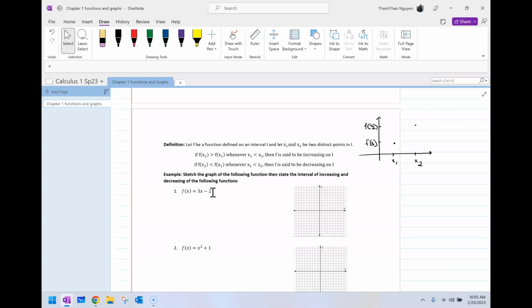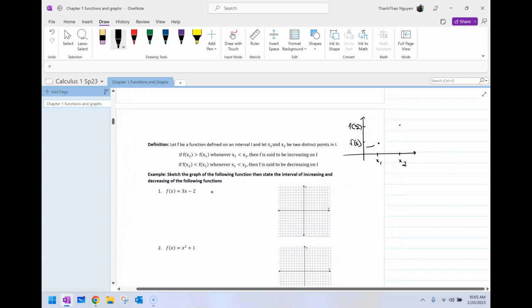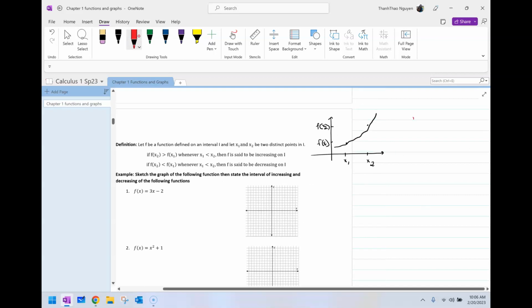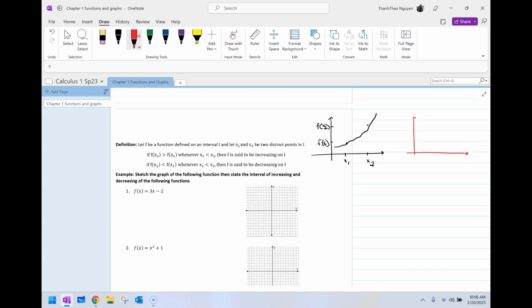Okay, it's not exactly the best sketch, right? But as you can see here, we have an increasing function. Whereas if x1 is less than x2, and f of x2 is less than f of x1, so x1 here, x2 here, we have something that looks like this.